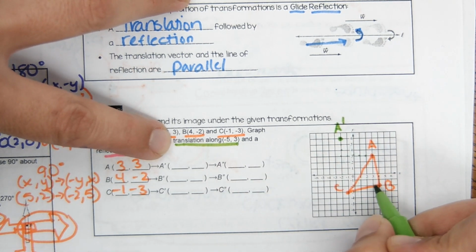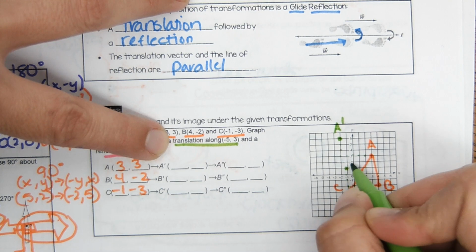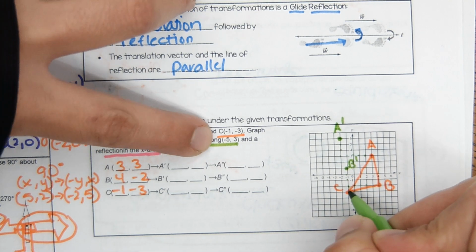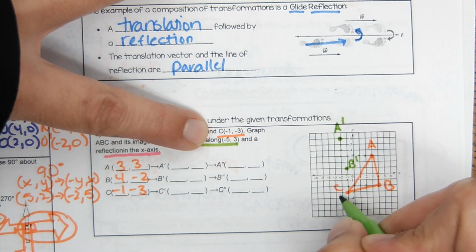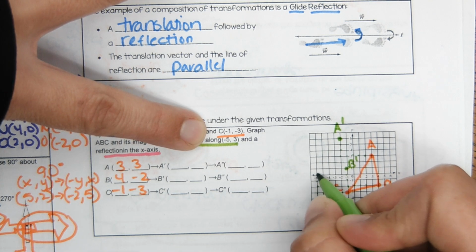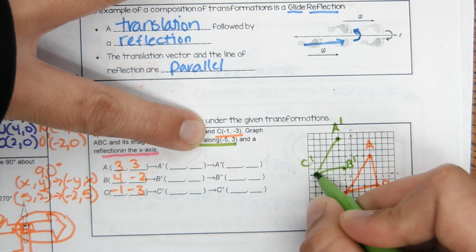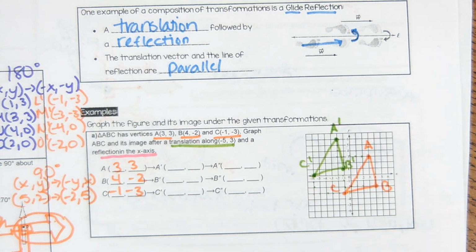And same for B: 1, 2, 3, 4, 5, then 1, 2, 3. B prime. And C. So that is the translation through graphing.